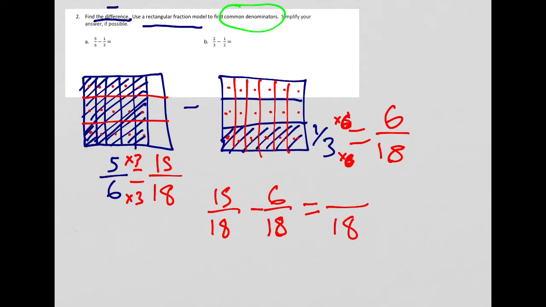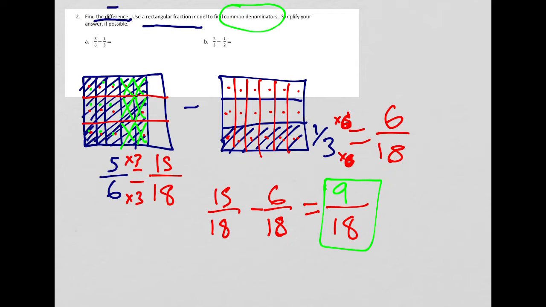And really, when I take 6 away, 1, 2, 3, 4, 5, 6, I'm left with 1, 2, 3, 4, 5, 6, 7, 8, 9. So my final answer is 9/18 because I took my 15/18 and I took away 6 of them.